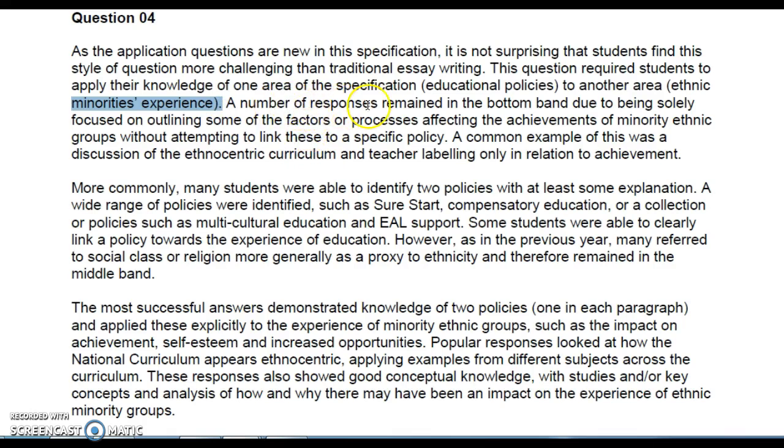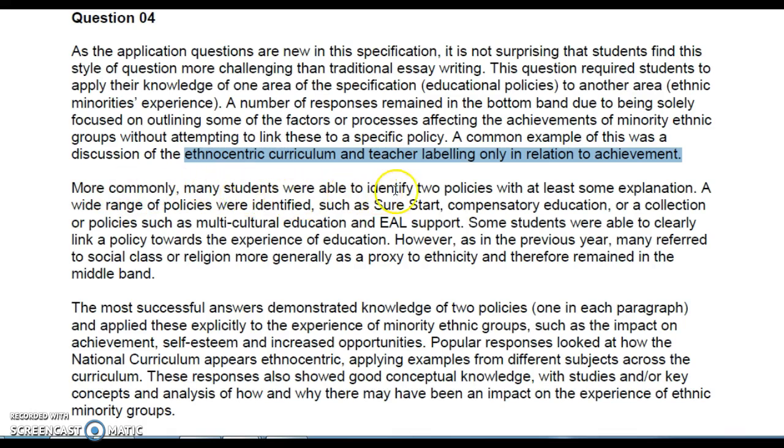A lot of responses remained in the bottom band due to solely focusing either on the policies or the achievements of ethnic minority groups without linking them together. A common example of this was a discussion of the ethnocentric curriculum and teacher labelling only in relation to achievements, and they didn't apply it to a specific policy.